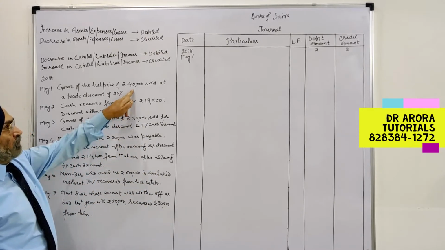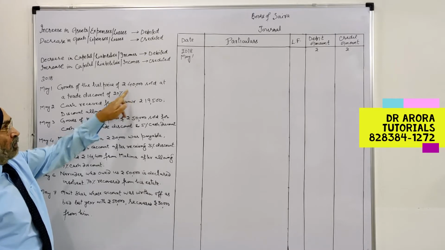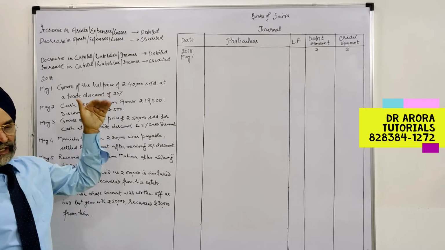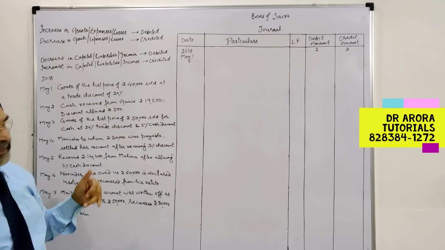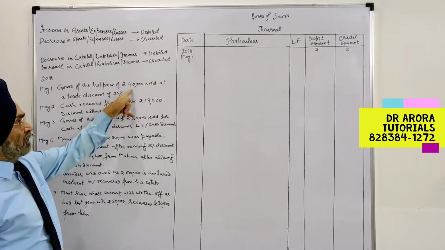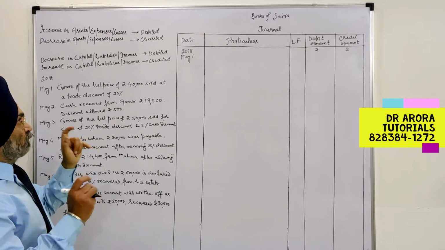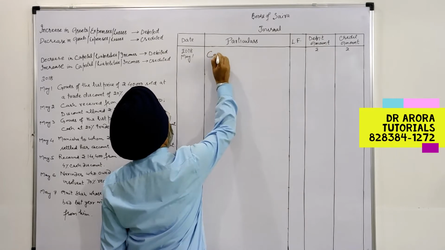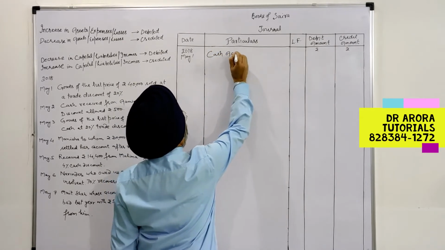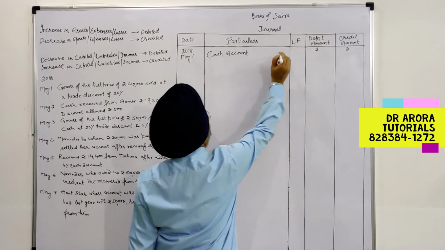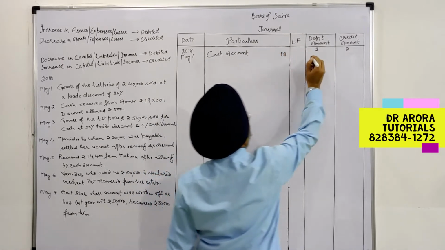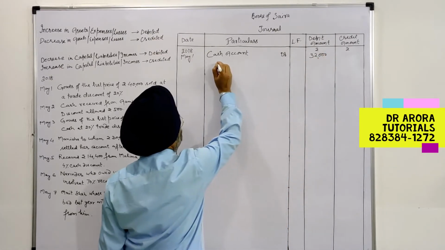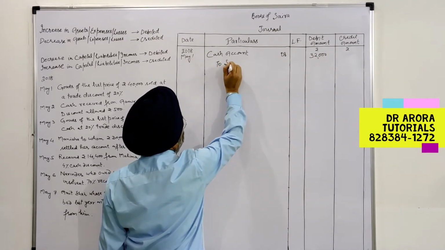So goods worth rupees 40,000 sold at 20% trade discount means 8,000 discount is given. That means net price we sold for 32,000. So with 32,000 only we will pass the entry to increase in asset. Cash is coming, 32,000, and the net sale price is 32,000.